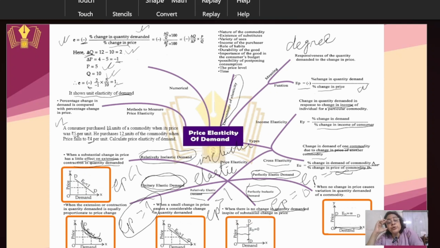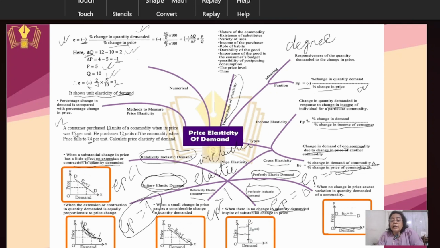Students, you must remember, you must write the formula and you must write the notation over here, what sort of elasticity of demand it is, meaning its degree. You must write that. I hope all of you have got a very quick revision of this part of price elasticity of demand.